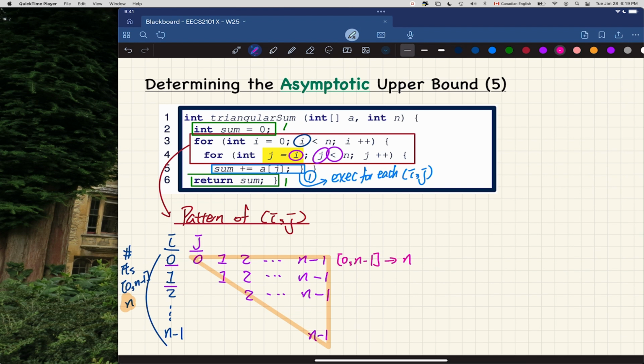For the second row, from 1 all the way to n minus 1, so it will be n minus 1 combinations. For the third row, from 2 all the way to n minus 1, it's going to be n minus 2. Basically, the number of combinations is decreasing simply because the starting value of j is increasing. And you go all the way to the bottom, where the last line is from n minus 1 to n minus 1, just one value.